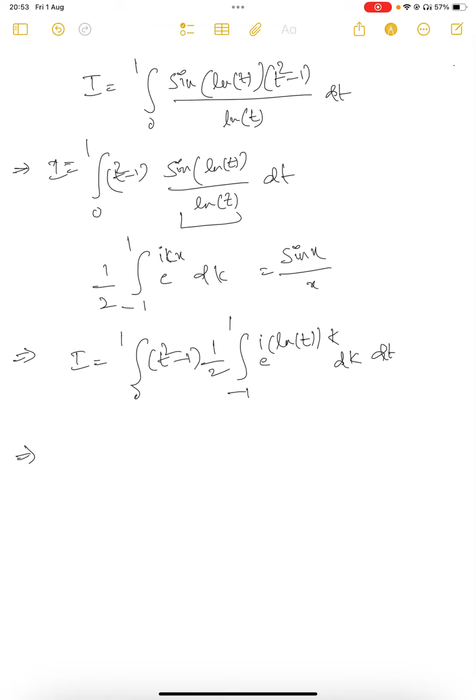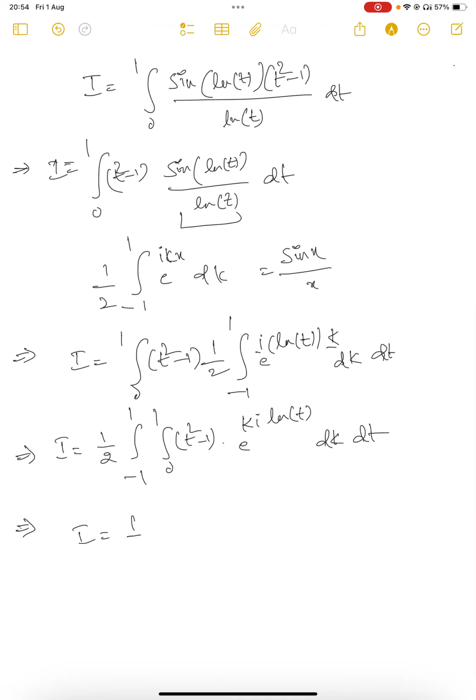Bring this 1 by 2 factor outside. Then the integral from minus 1 to 1, the integral from 0 to 1 of t squared minus 1, then e power ki, this k and this i ln t, dk dt.